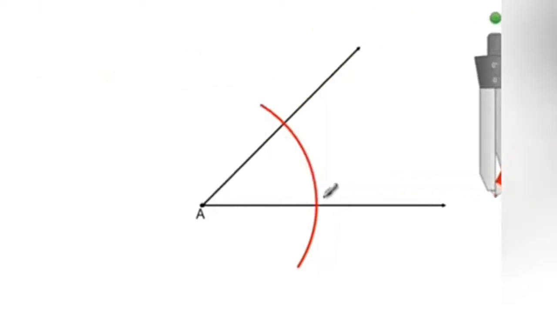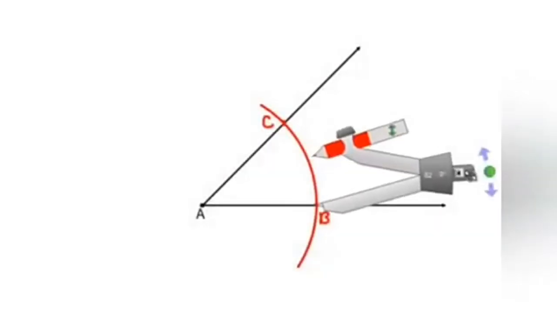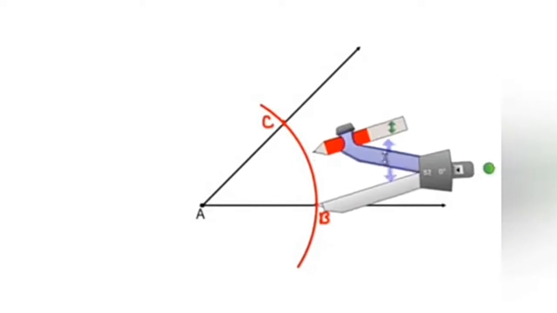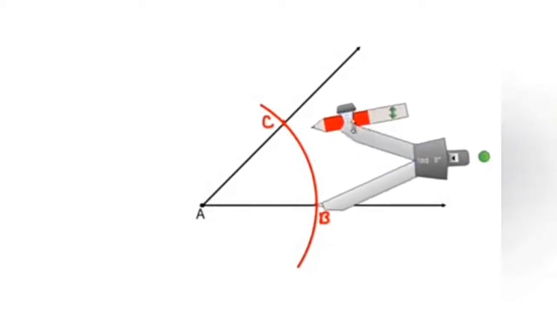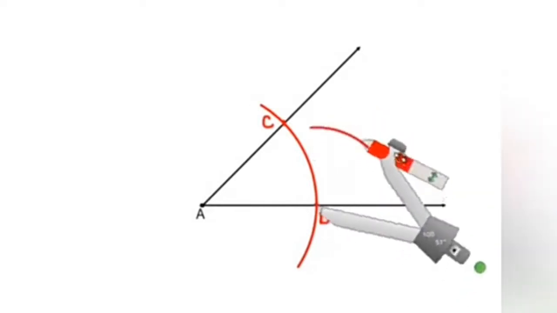Then you have that. Then you take the tip of your compass to point B and point C respectively. Taking it to point B, draw an arc at the midpoint of the angle.